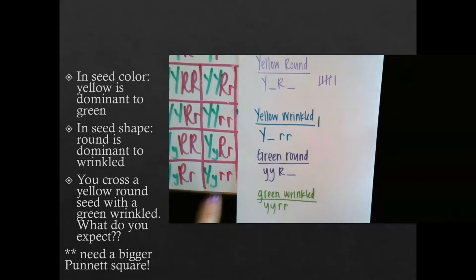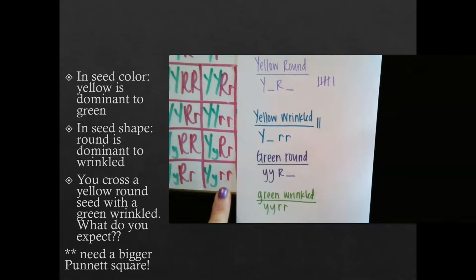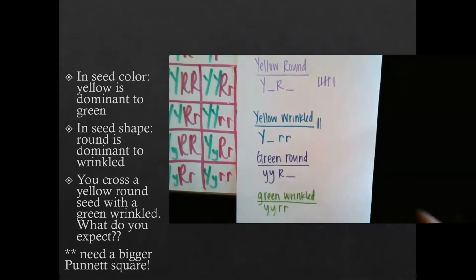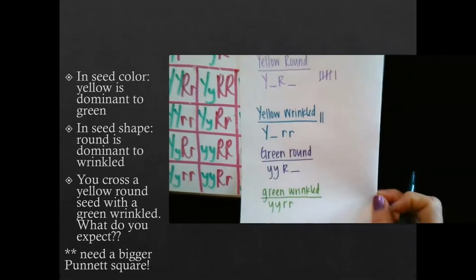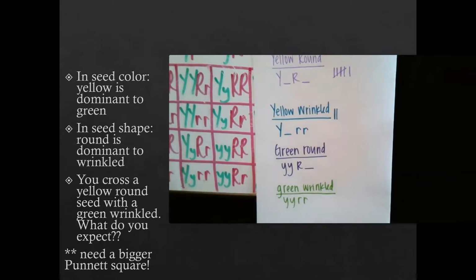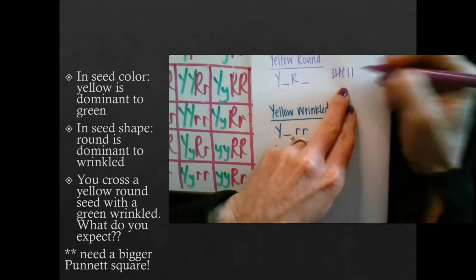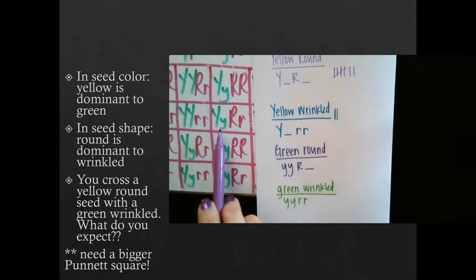And yellow and wrinkled. Remember, the two small r's tell me that it's wrinkled. Next row, yellow and round. Yellow and round.